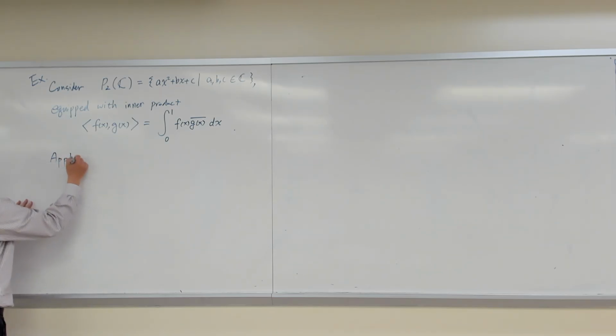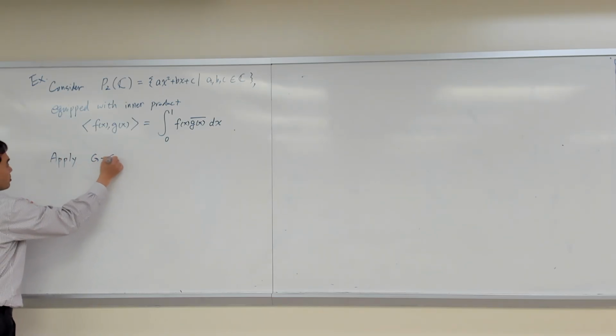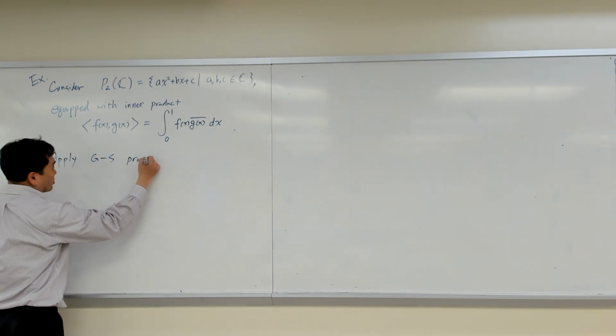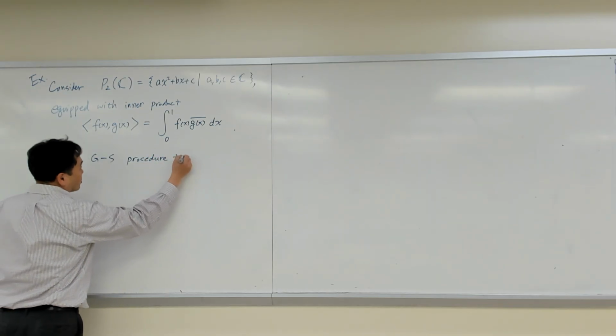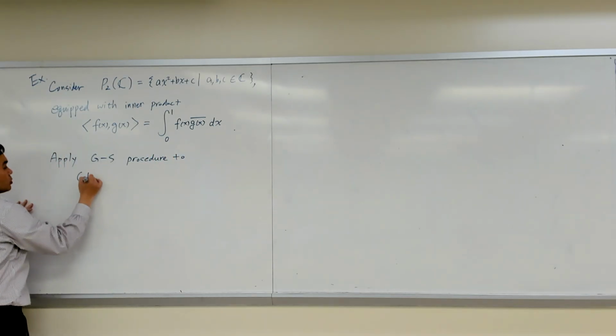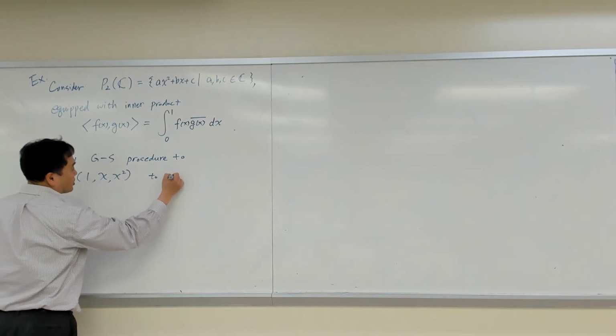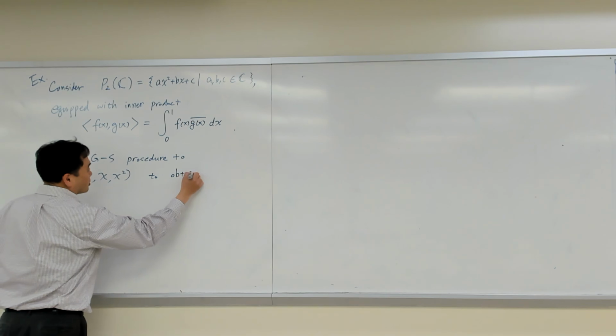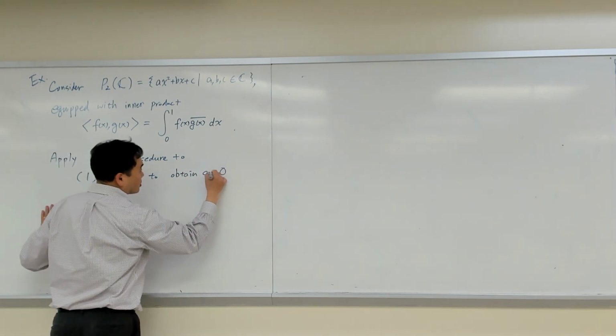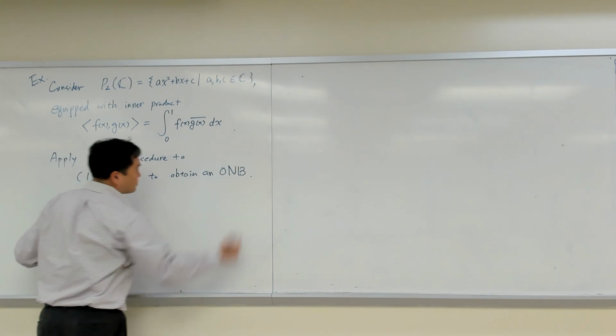Apply the Gram-Schmidt procedure to 1, x, x squared to obtain an orthonormal basis.